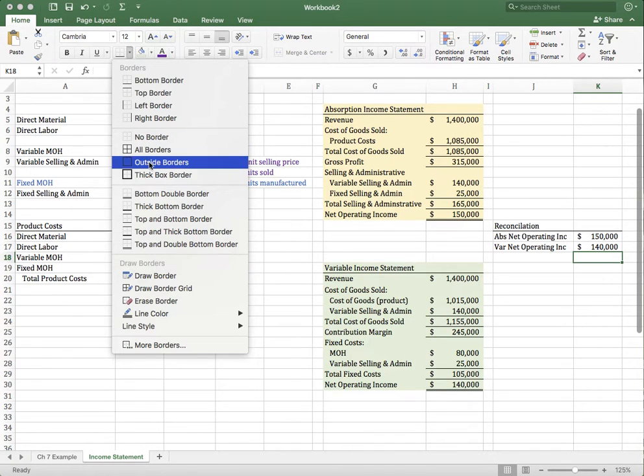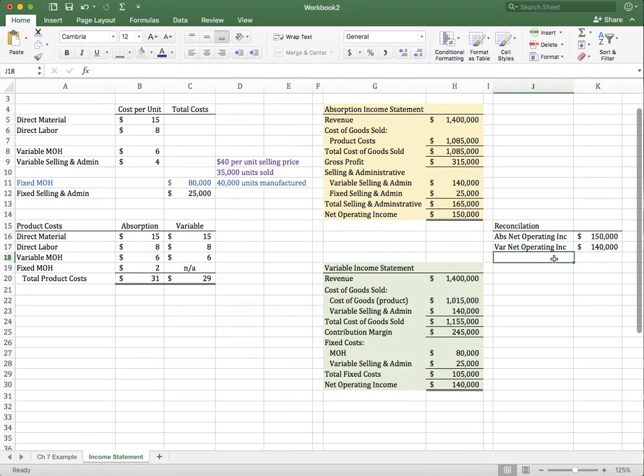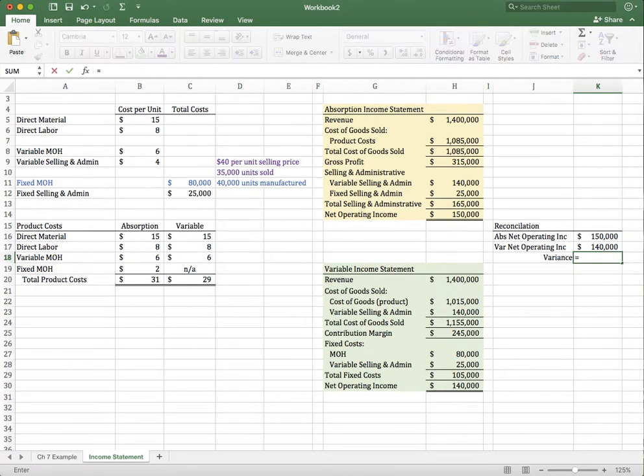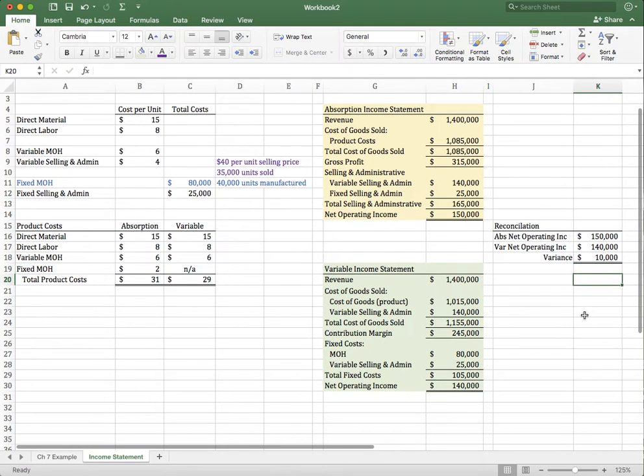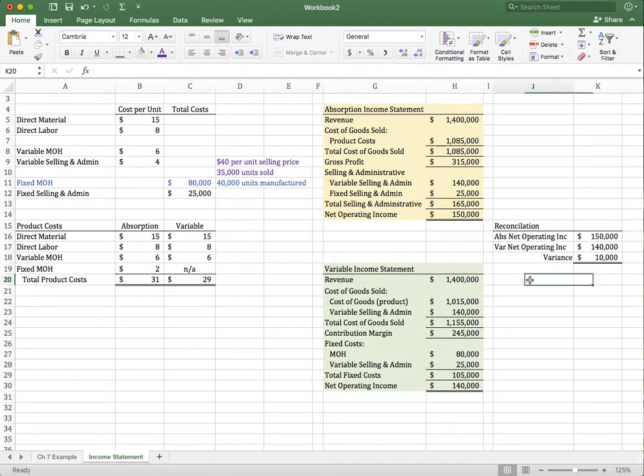So our variance between the two that we're going to use for our reconciliation again is the difference between the two, or $10,000. So we need to explain that $10,000. Here's how we do it.